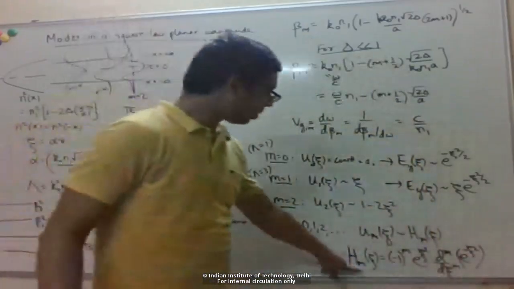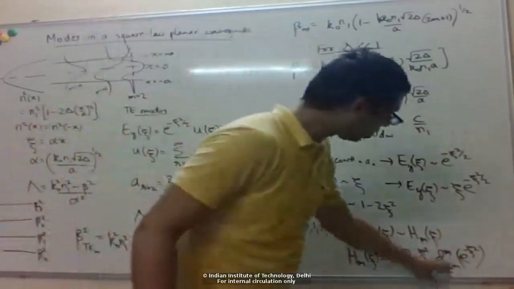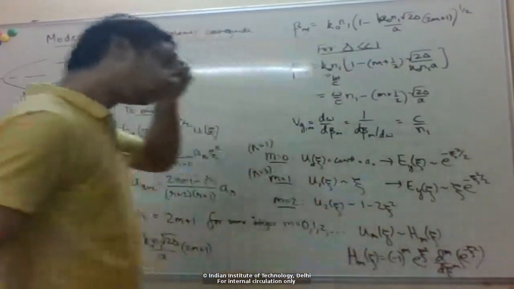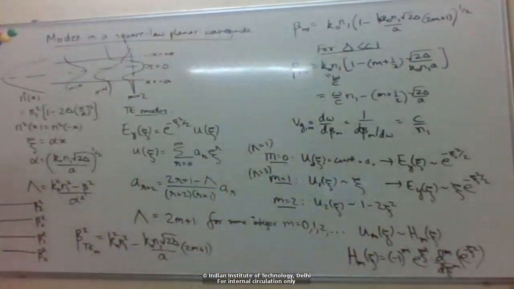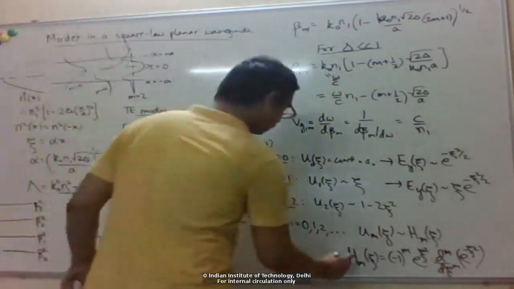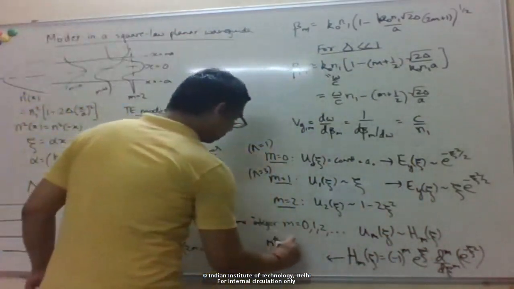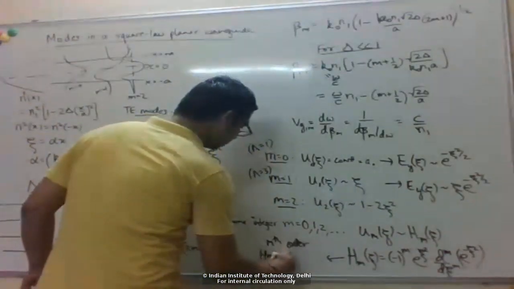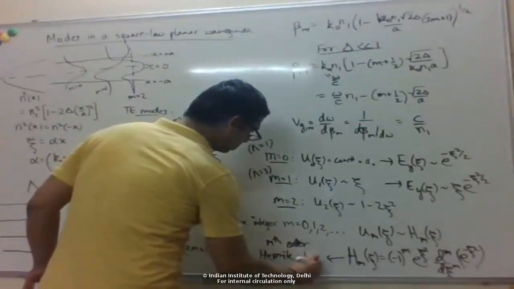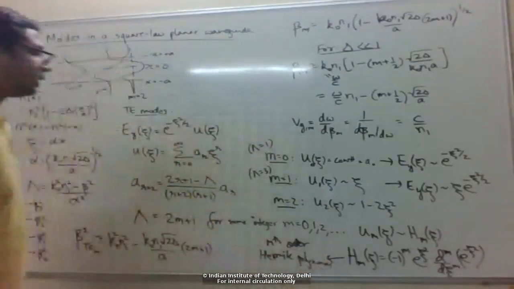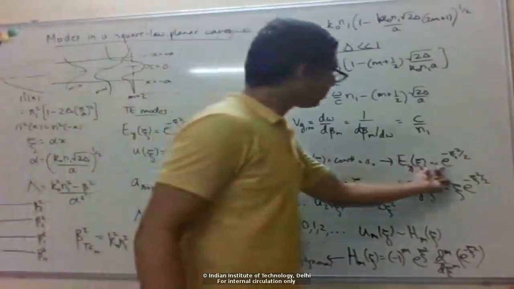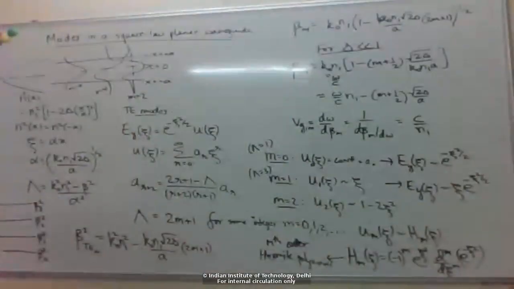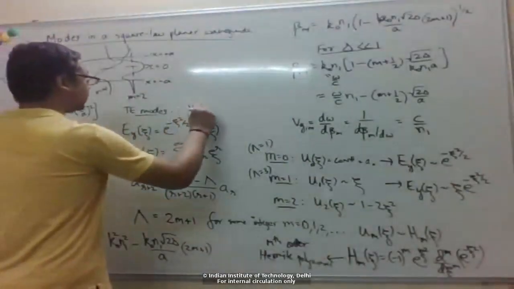So the mth order Hermite polynomial you can generate by taking the mth order derivative of the Gaussian function and then multiplying by the Gaussian function. So this is the mth order Hermite polynomial. The solutions, the mode profiles, are Hermite polynomials times a Gaussian function, so they're known as Hermite Gaussian modes. These are called HG modes.